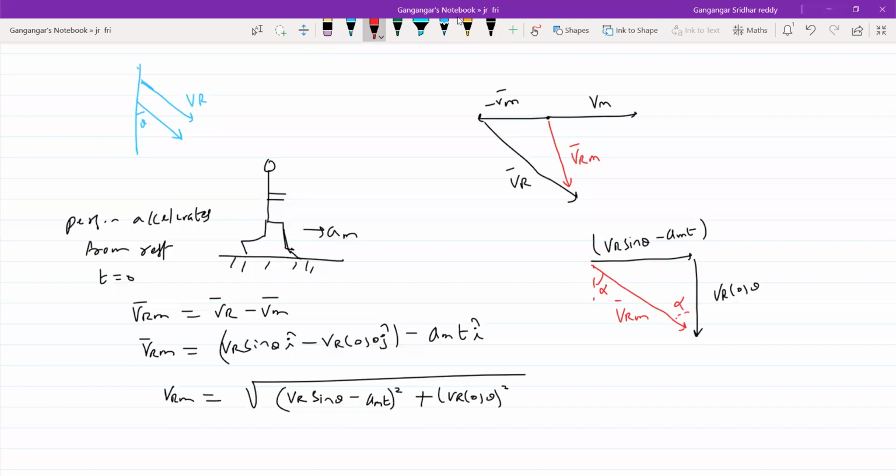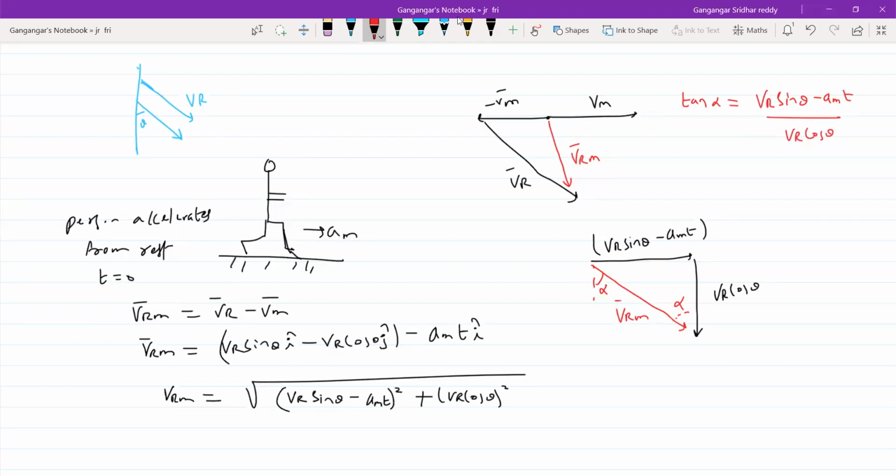So tan alpha, what can you write it as? Tan alpha is equal to Vr sine theta minus Amt by Vr cos theta. So the value of alpha depends on this.